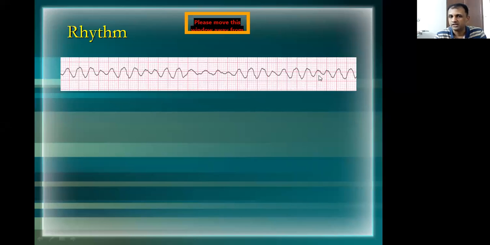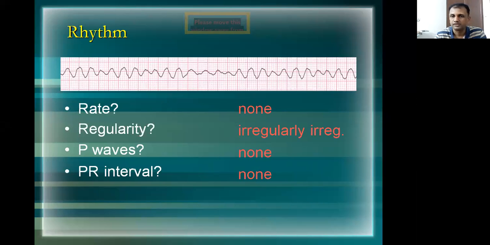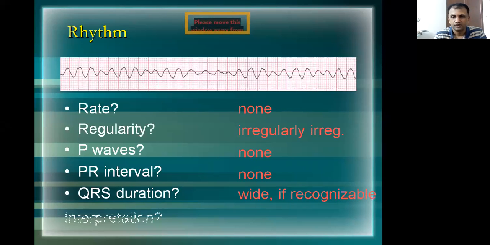So if you get a trace like this, it's called ventricular fibrillation. Ventricular tachycardia is regular. A regular broad complex tachycardia is VT. In VF, you don't see any regularity.